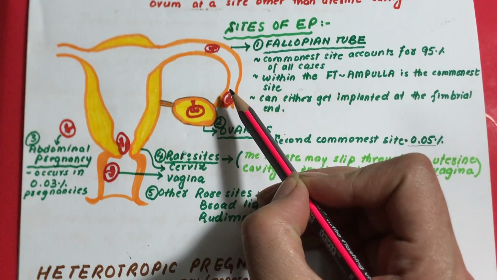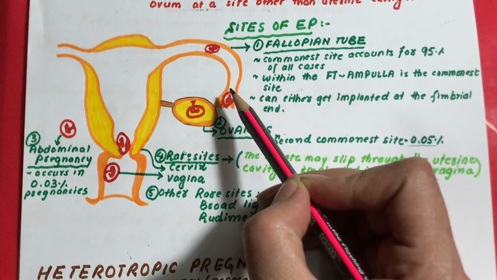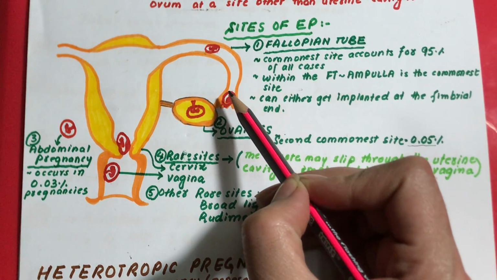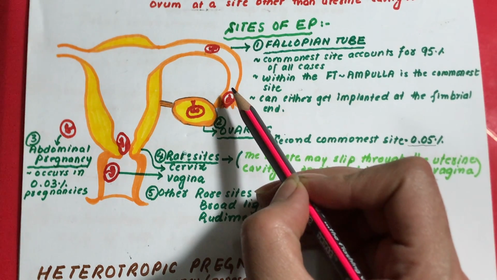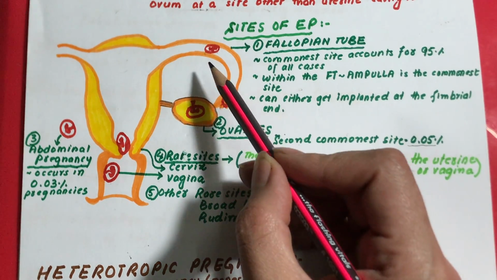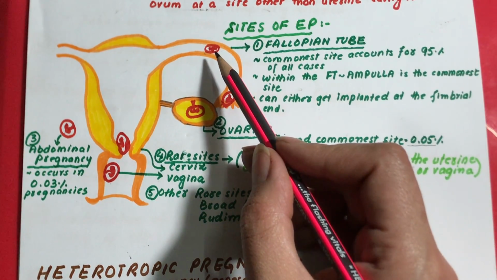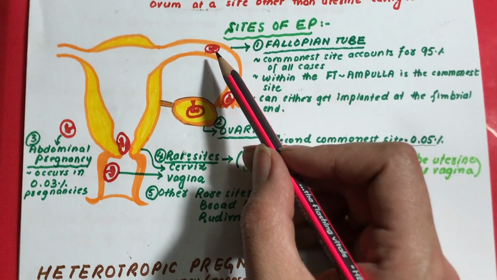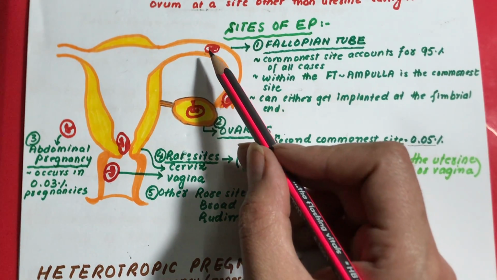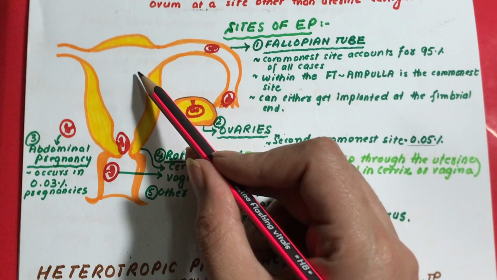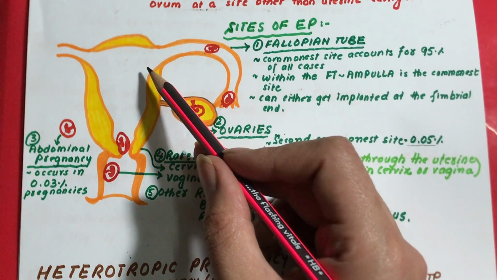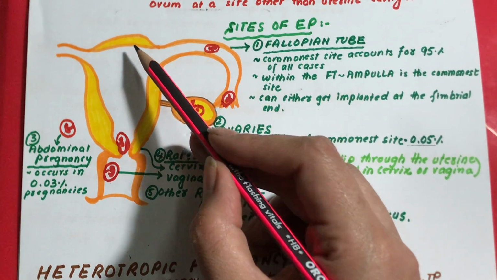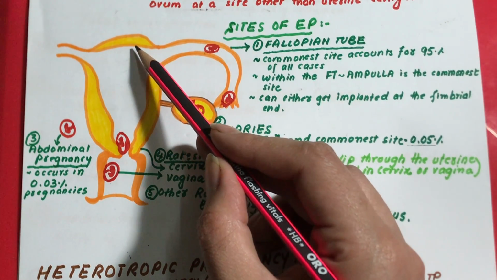I would like to tell you some points here so that you can have a better concept. Look, from the ampullary region, the fertilized ovum moves medially to enter the uterine cavity. Okay, it takes 3 to 4 days, and then it finally implants in the uterine cavity.